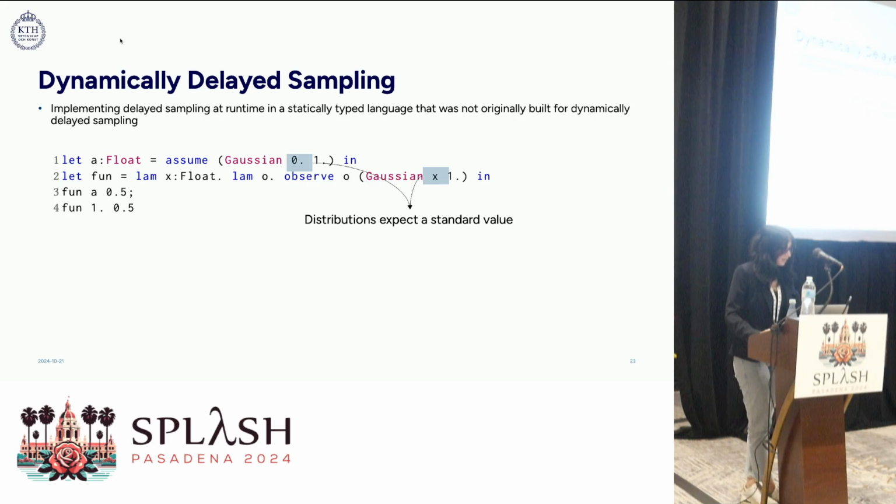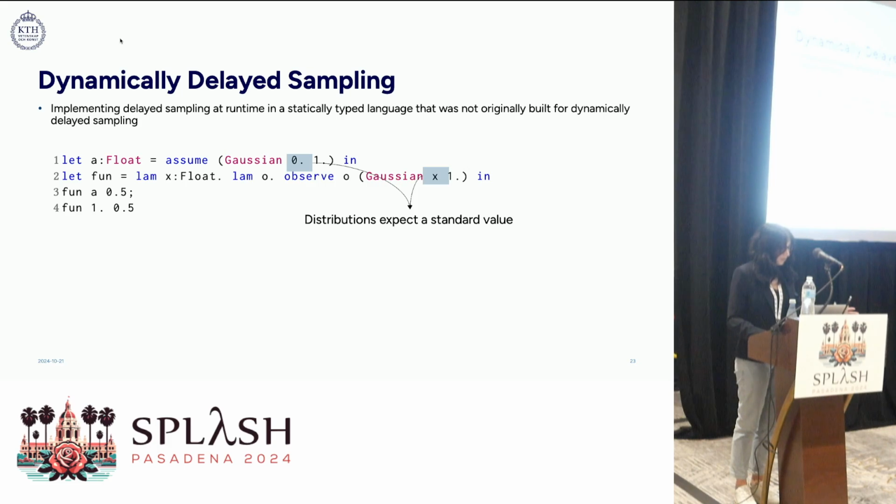Then we have a function, fun, that takes two arguments, x and o. The first is the distribution or the value that we sampled, and the second is the observation, and it just updates the likelihood with the observe keyword.